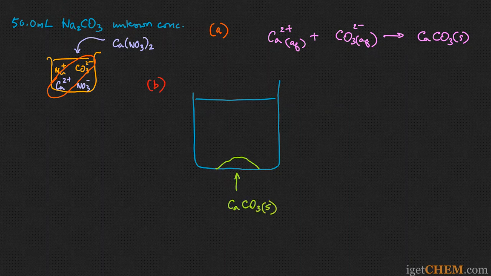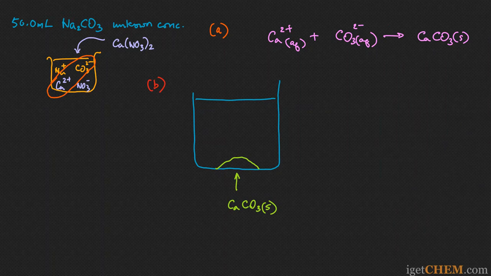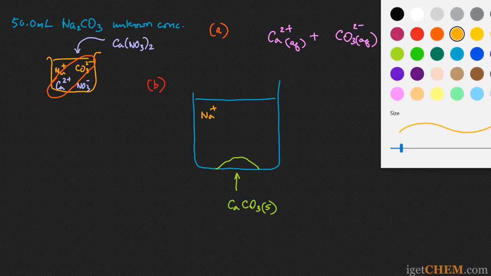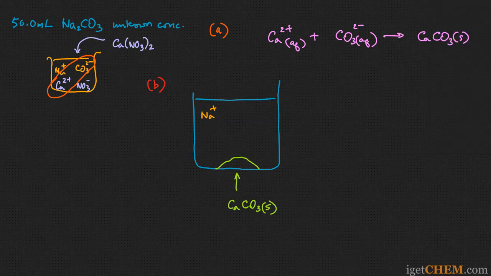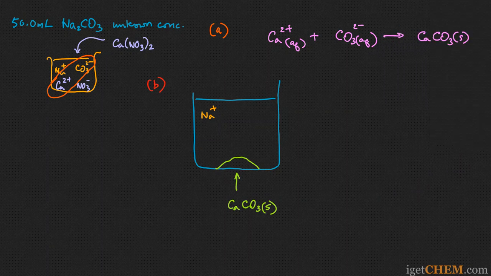And so we know that at the beginning we have all of these ions that we have talked about. We certainly have Na+ remaining in the solution after the precipitate is formed, because Na+ is still soluble. We certainly have NO3- that is still in the solution at the end of the precipitation because that also is soluble.